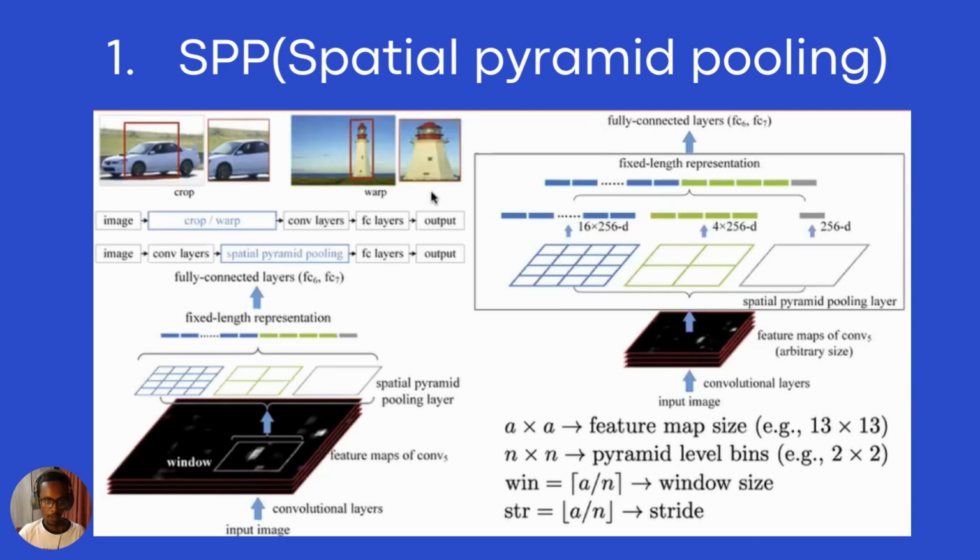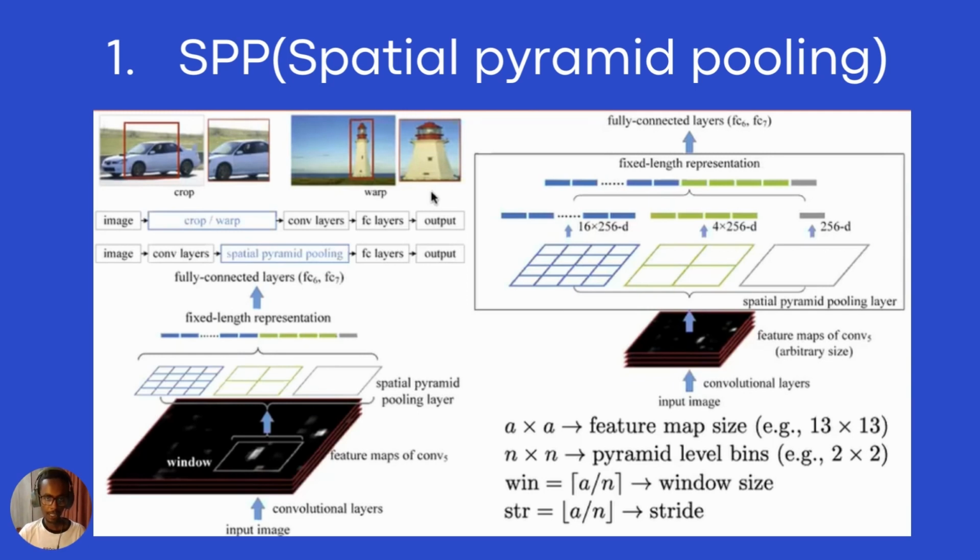In order to get the stride, we take the floor of A divided by N, and in order to get the window size, we take the ceiling of A divided by N.